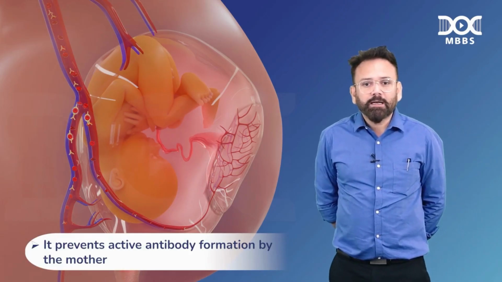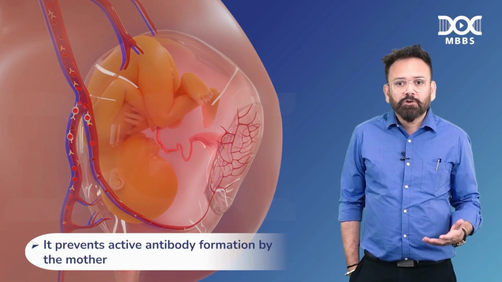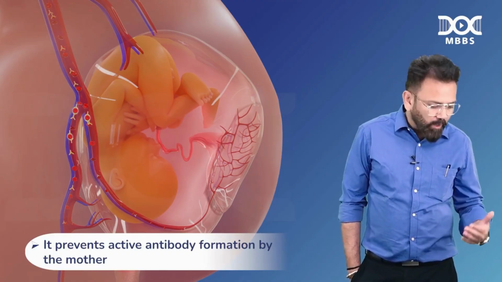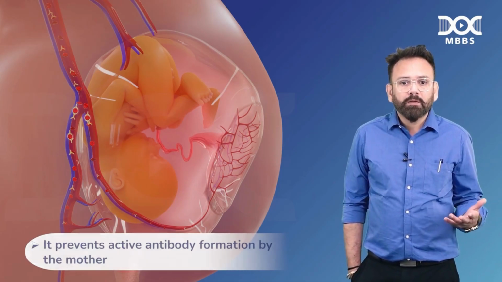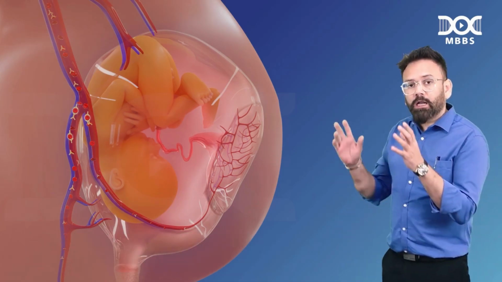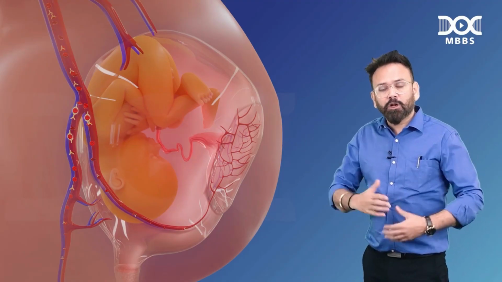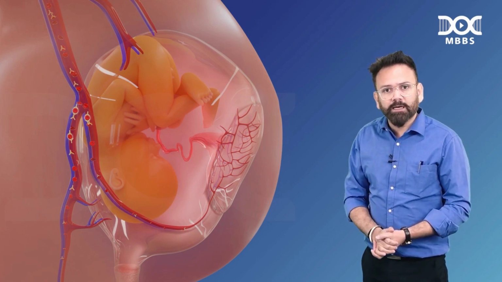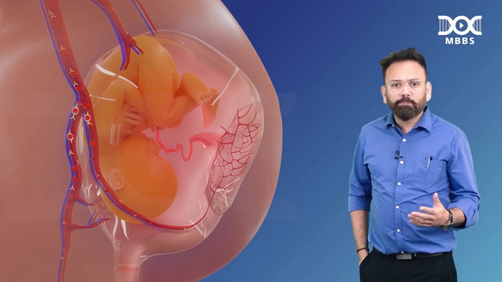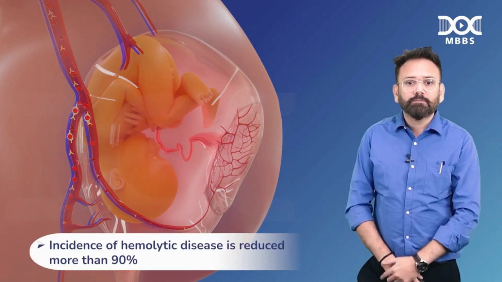In obstetric clinics, the institution of such treatment on a routine basis is to unsensitize an Rh negative mother who has delivered an Rh positive baby, and this will reduce the overall incidence by up to 90%. If you are giving anti-D, especially within a few hours of the postpartum period of the first delivery, you can prevent hemolytic disease in the second child up to 90%.